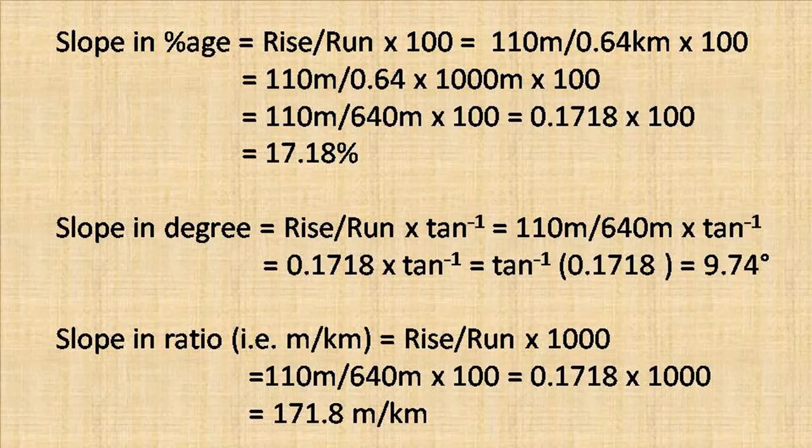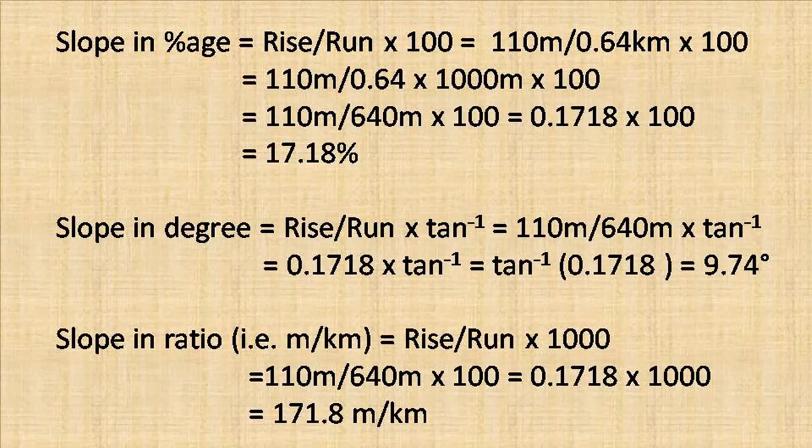Now, if we want to calculate the slope in degree, then it is tan inverse of rise divided by run. So we know that rise divided by run, its value is 0.1718.